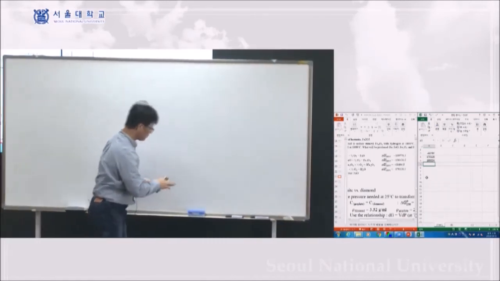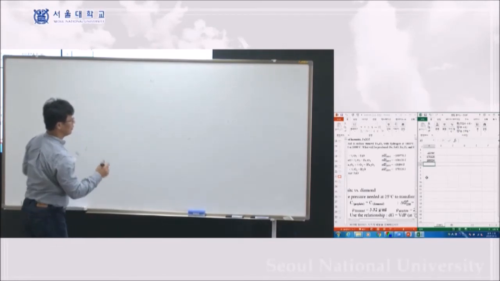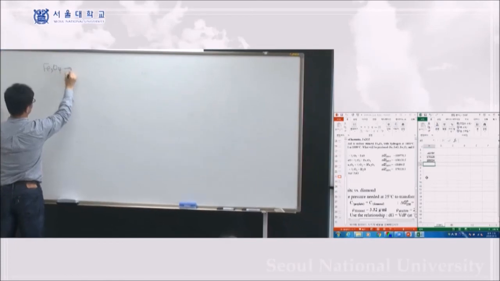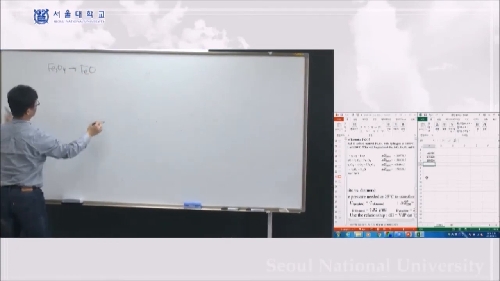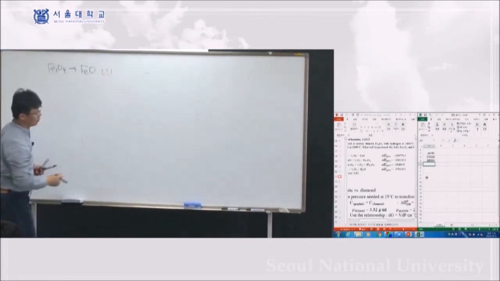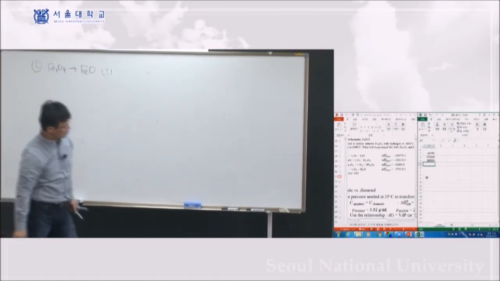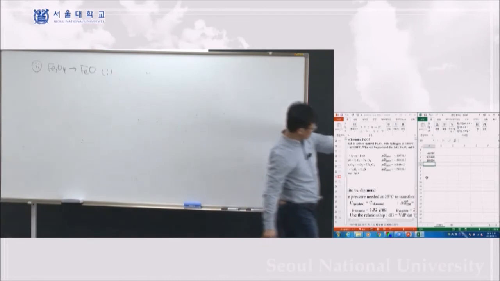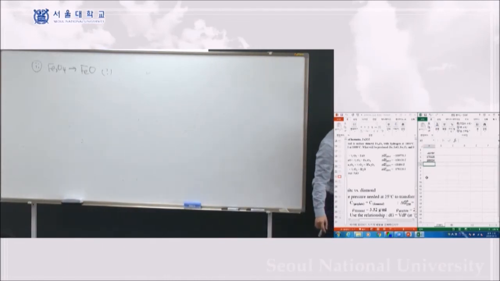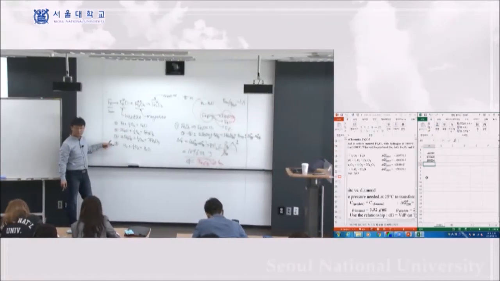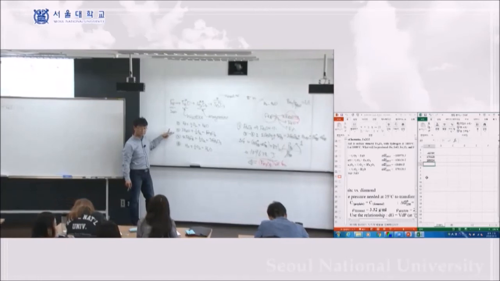Okay, second step. So how about between Fe3O4 to FeO? Is it going to form or not? So, if you look at actually this one, then, okay. I have Fe3O4 and FeO, this chemical reaction here, reaction 2. I can combine reaction 2 and reaction 4 together. 2 and 4 together.